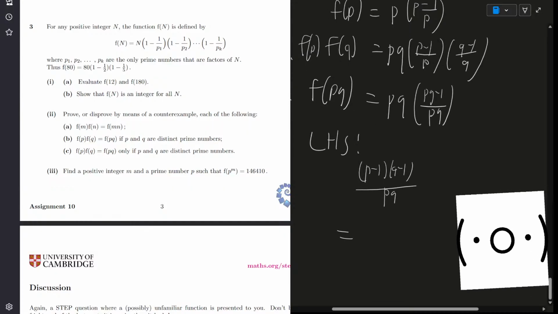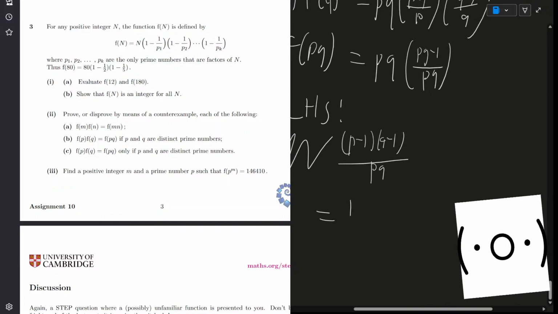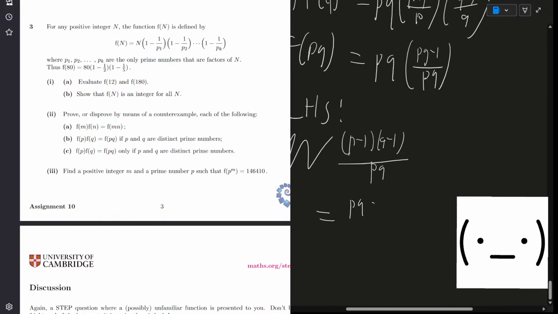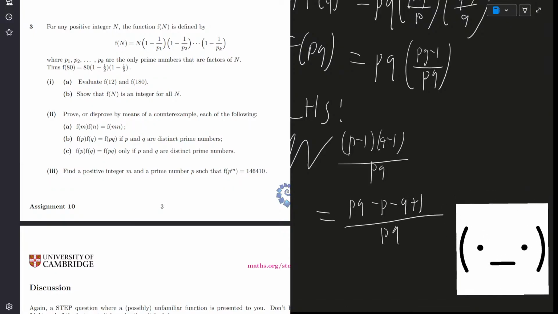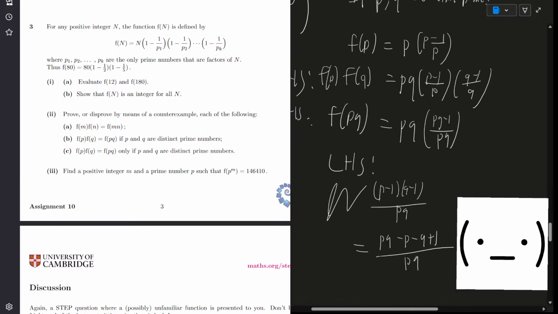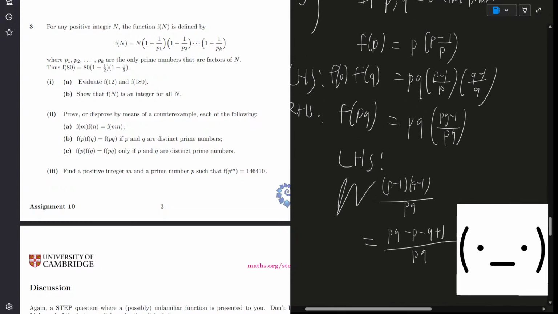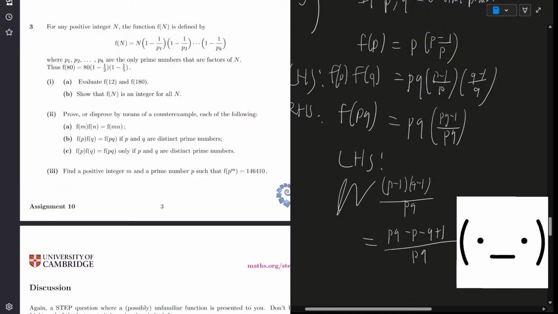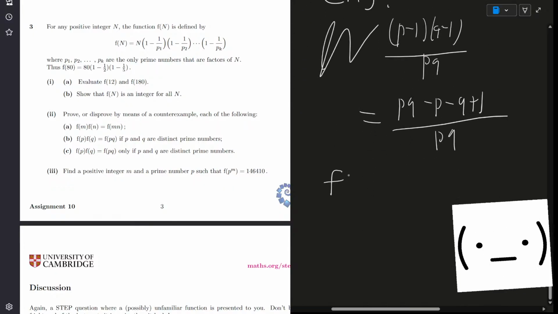That's the left-hand side, ignoring all the other stuff. Which is this minus P minus Q, is 1, 2P. So once again, decidedly non-equal.